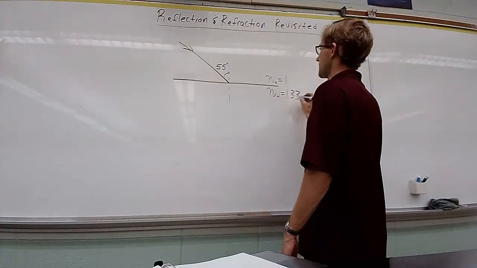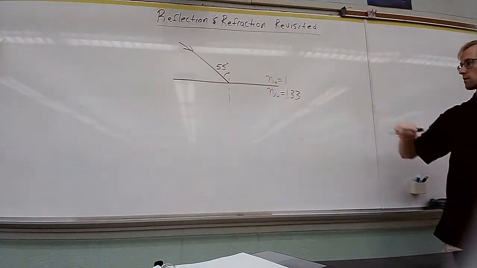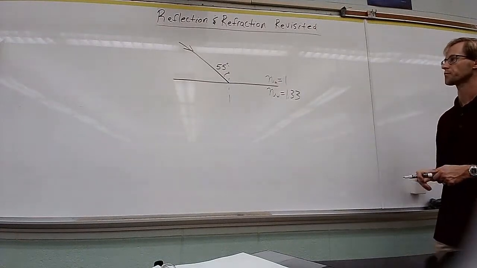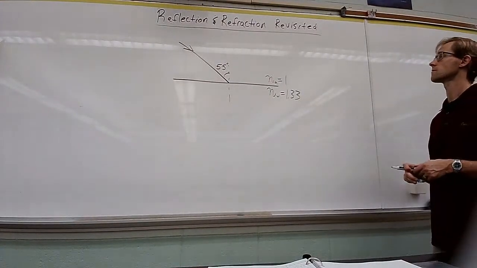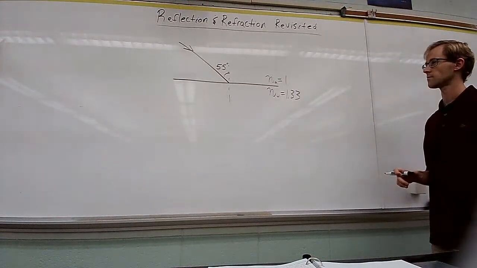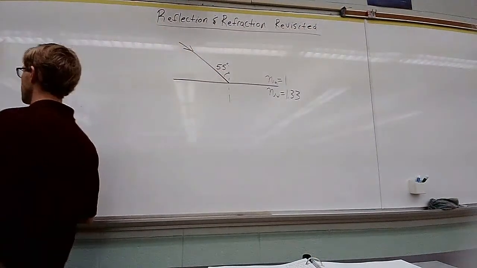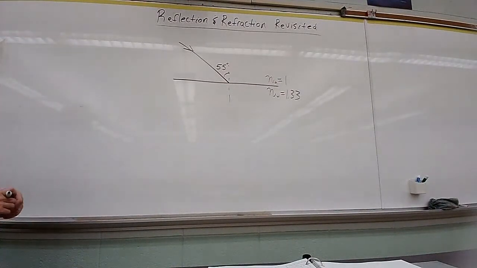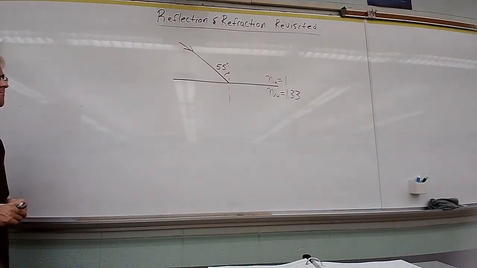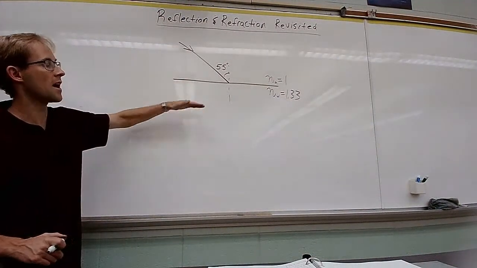We'll say that the top medium is air and the bottom medium here is water. So the top is the fast medium, the bottom is the slow one.